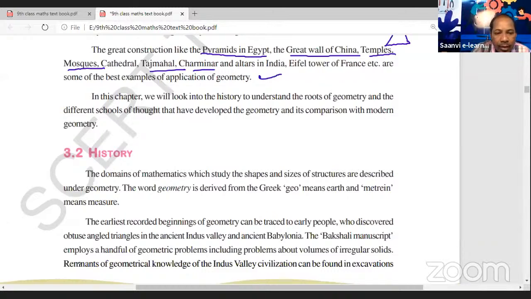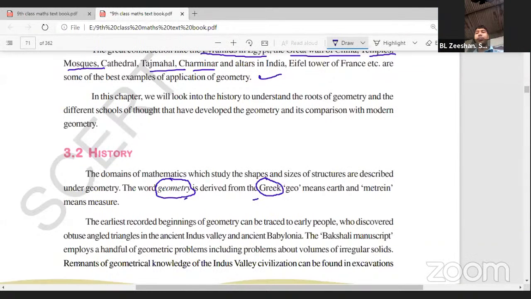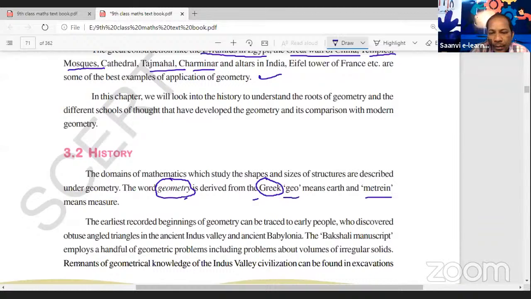And actually the word geometry is derived from the Greek language. From which language has the word geometry been taken? From Greek. So in the Greek language, geometry is divided into two parts: geo and metron.